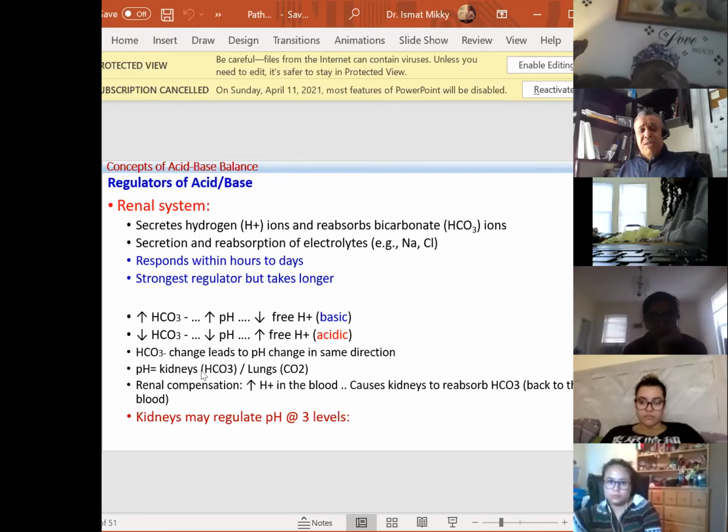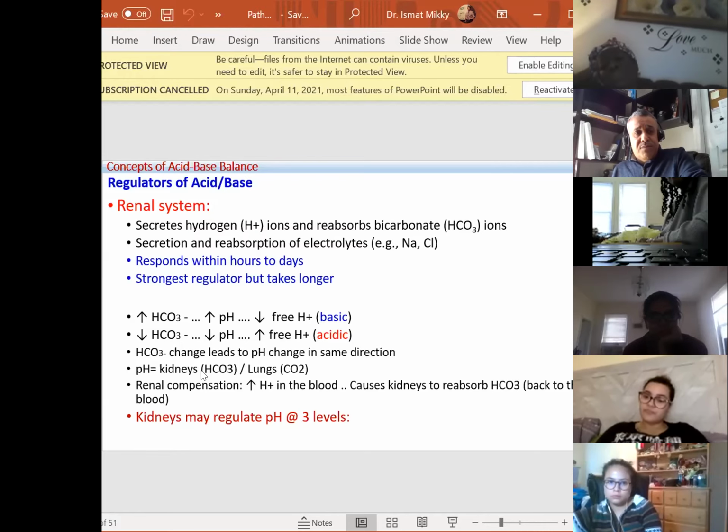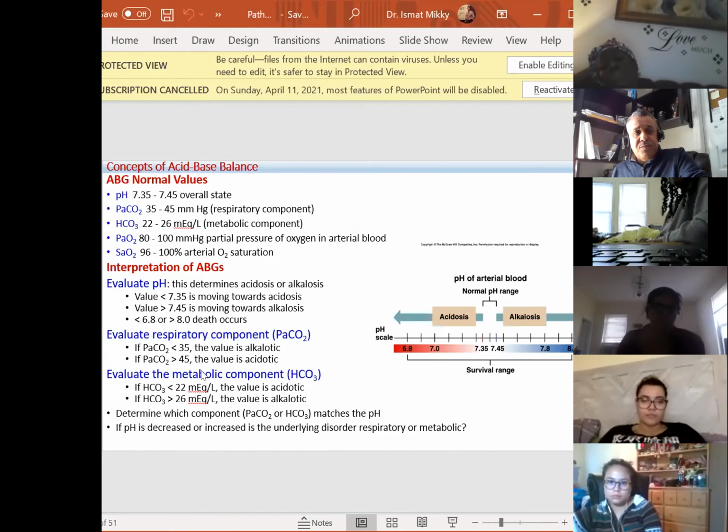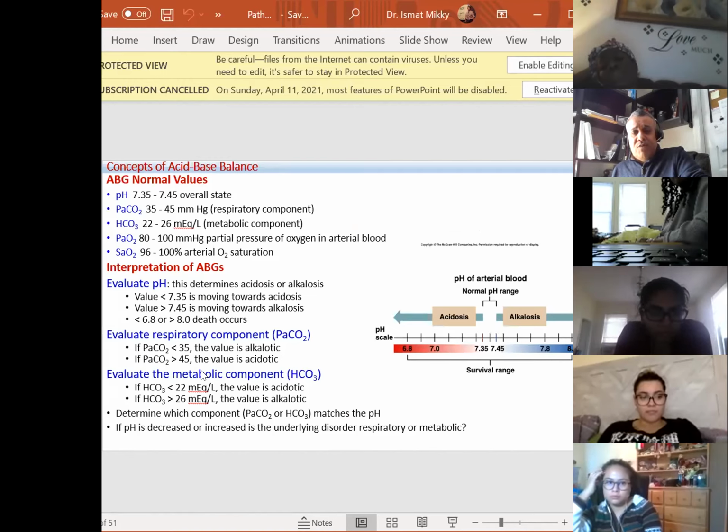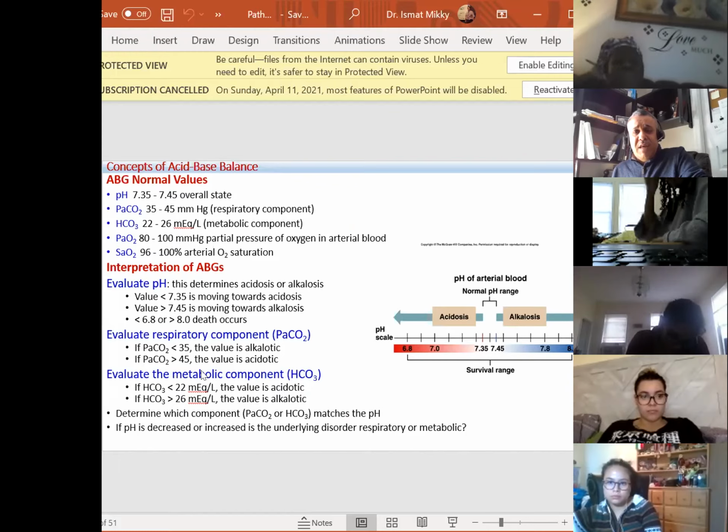So now you need to know the numbers. Remember, the pH is supposed to be 7.35 up to 7.45. The PaCO2 is 35 up to 45. From now on you need to know the three main elements of the ABGs.